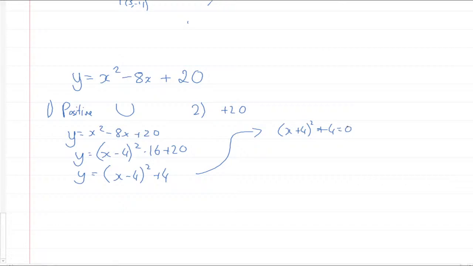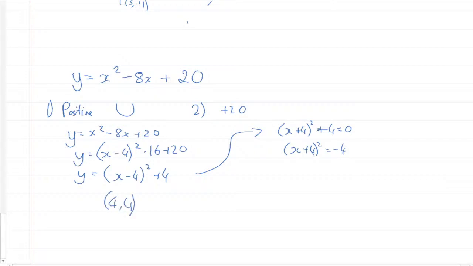x minus 4 all squared is equal to minus 4. You end up with a negative value. I can't square the root of a negative value. But this makes perfect sense because my minimum is 4 right, 4 up.